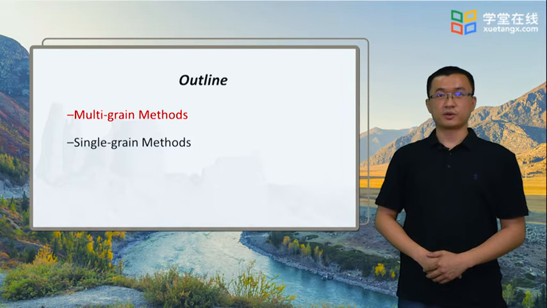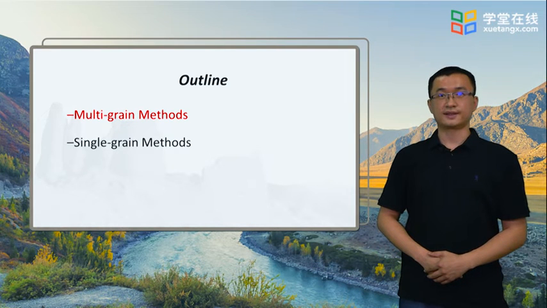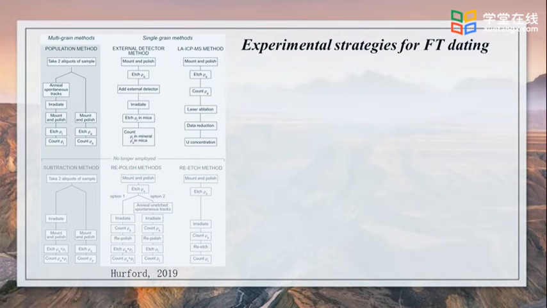Two topics will be introduced in this lesson: the multi-grain methods and the single-grain methods. Let's have a look at the multi-grain methods first. A wide variety of strategies of differing reliability were in use by fission track analysts.